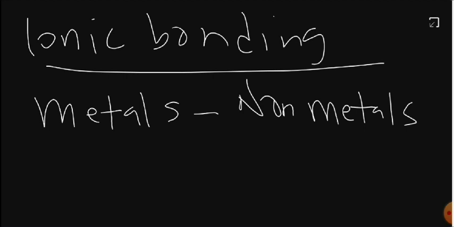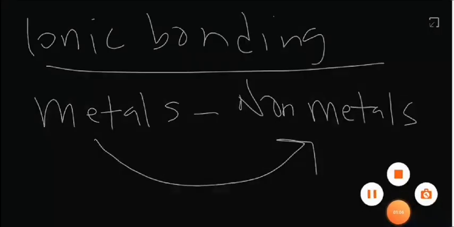So this involves metals losing electrons to non-metals. So we are saying metals, they lose electrons. Non-metals, they gain electrons. Let's see how compounds are formed from metals and non-metals.